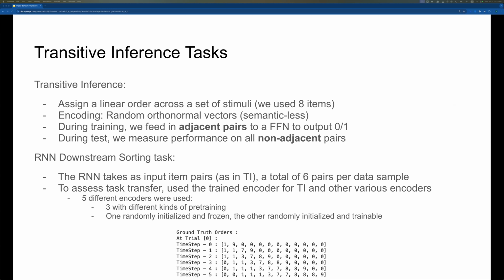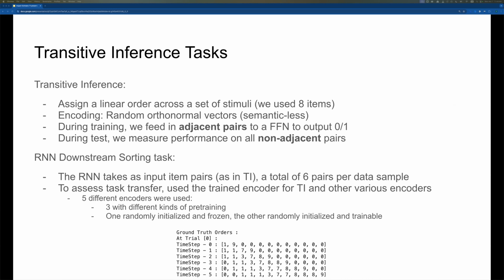Because the input is already sorted, the output just needs to be 1, 9 with the rest padded zeros. At time step 1, say we get 1, 7 or 7, 1, and the network needs to output the sorted sequence of all the numbers it's currently seen. So it needs to output 1, 1, 7, 9, and the rest zeros, and so on.